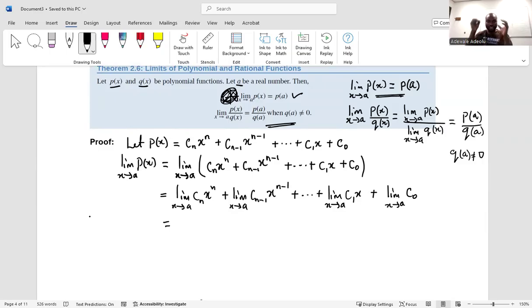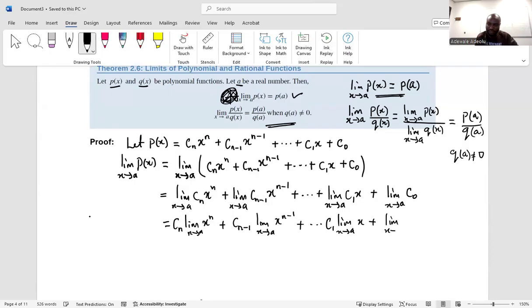So again, from the constant law for limits, I can pull this C sub n out. So we have C sub n times the limit as x goes to a of x^n plus C sub n minus 1 times the limit as x goes to a of x^(n-1) plus dot dot dot plus C1 times the limit as x goes to a of x plus, I will leave this the way it is, C naught.